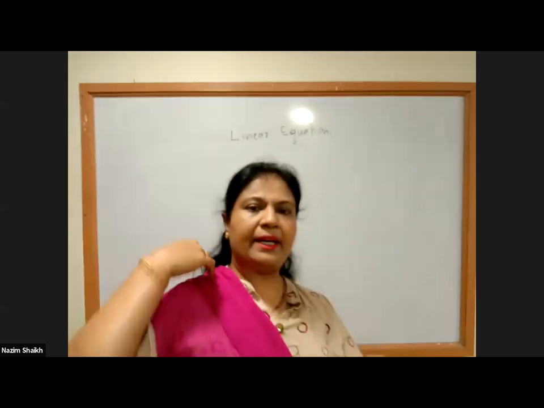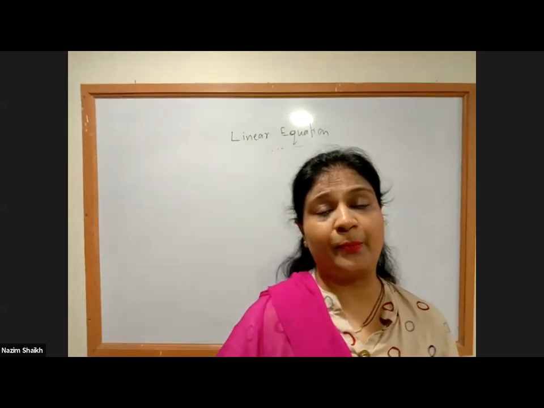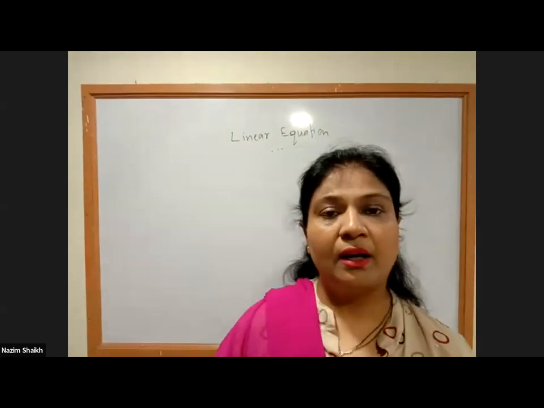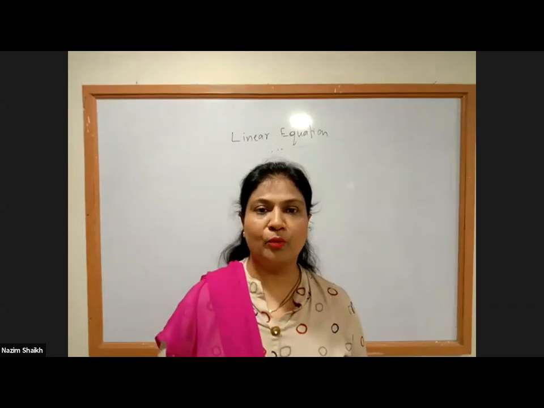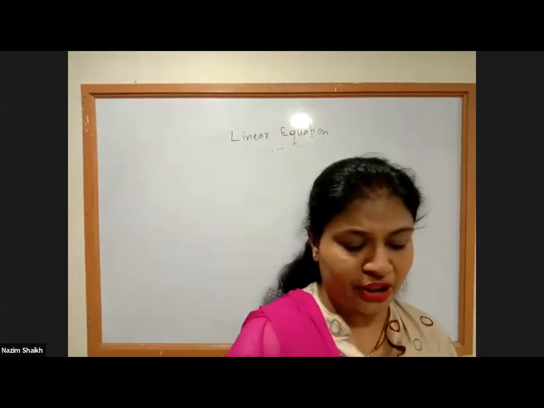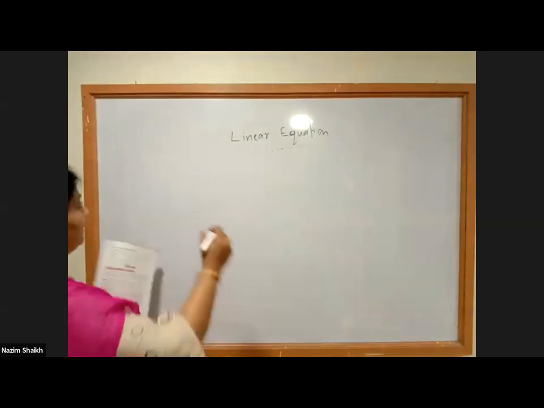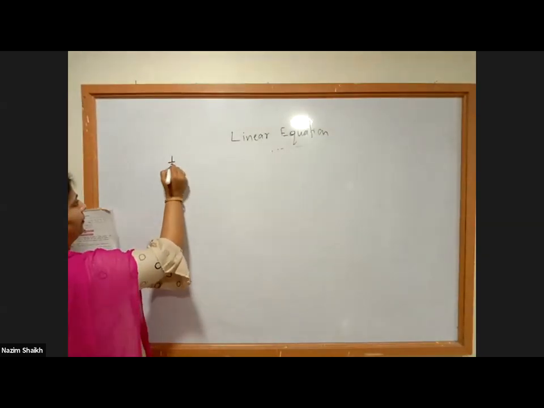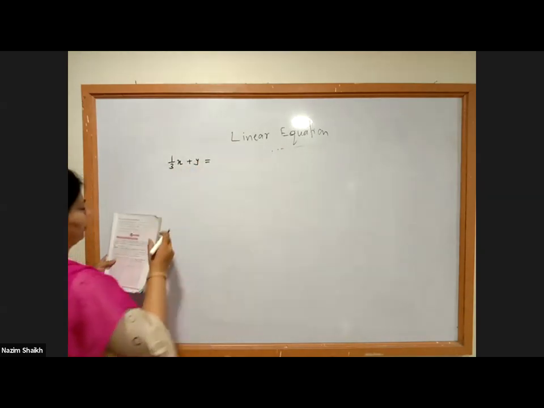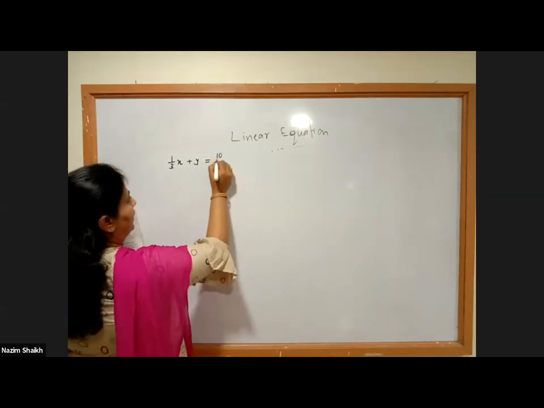As I said, the next question is really very important. As we already declared, it's a 5-star question. Last year this was asked in the board exam. So I hope you all will note it down very properly. The question is 1 upon 3x plus y is equal to 10 upon 3.